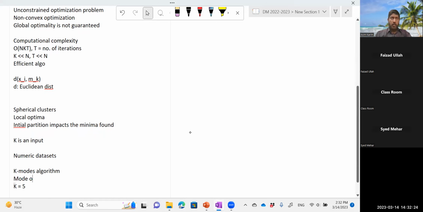The mode of objects in a cluster defines its prototype. Okay? So what is the mode? The most frequently occurring value.